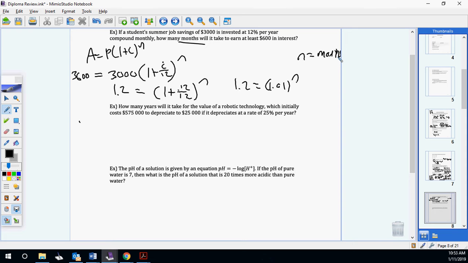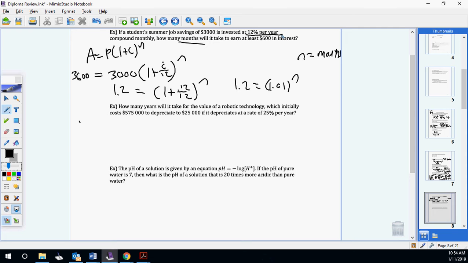Would you divide the 12 after? You don't need to. What I'm saying is we don't need to divide n by 12 because we're staying in months. The 1 plus i has to be done before, because we have to break this up: 12% per year means I need to figure out what is per month.